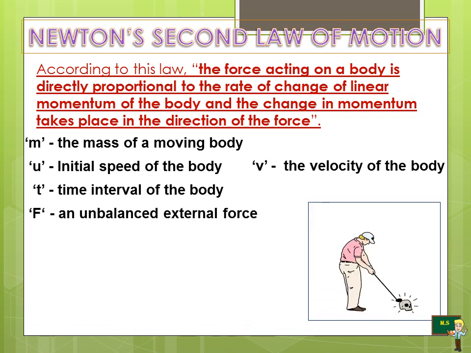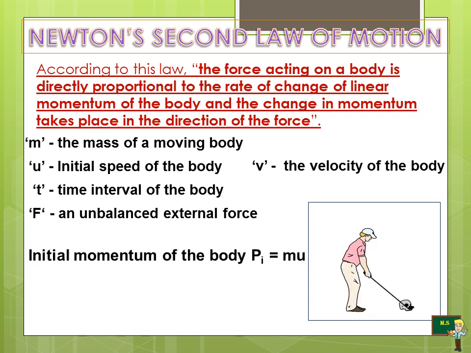F is the unbalanced external force. This external force was given by this person. Now, what is the initial momentum of the body? That means Pi. As you know, in the last class I told you the momentum P is equal to m into v. Here the initial velocity is u, so the initial momentum Pi is equal to mu.